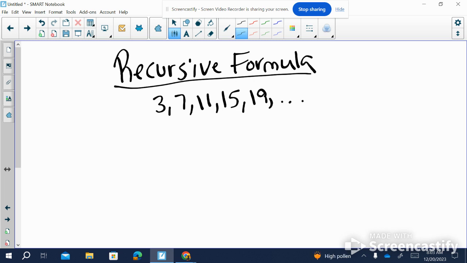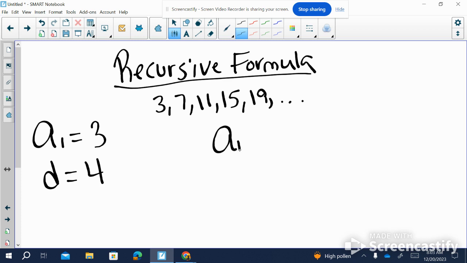From this, I can pull out my first term, which is 3, and I can pull out my common difference, which is 4. Those are really important in the recursive formula. The recursive formula is written like this: A sub n is equal to A sub n minus 1 plus D, the common difference.